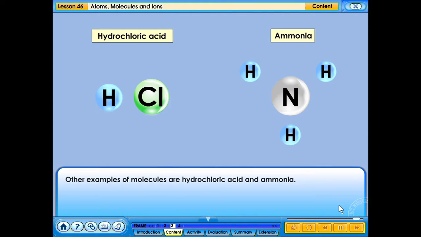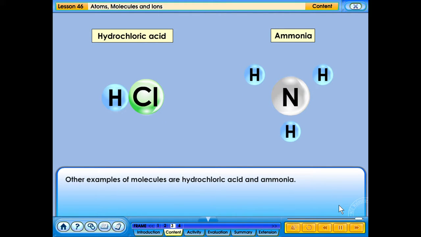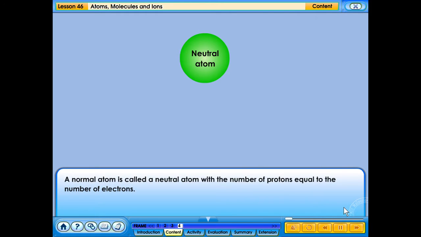Other examples of molecules are hydrochloric acid and ammonia. A normal atom is called a neutral atom, with the number of protons equal to the number of electrons.